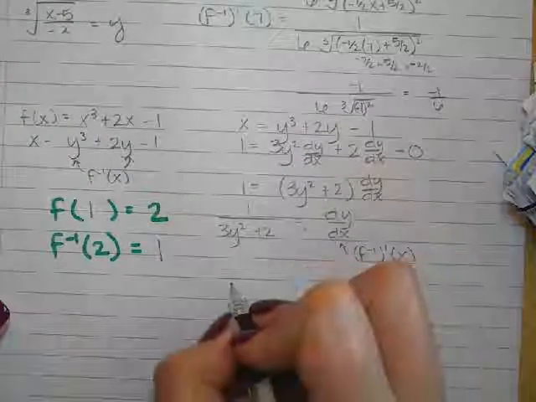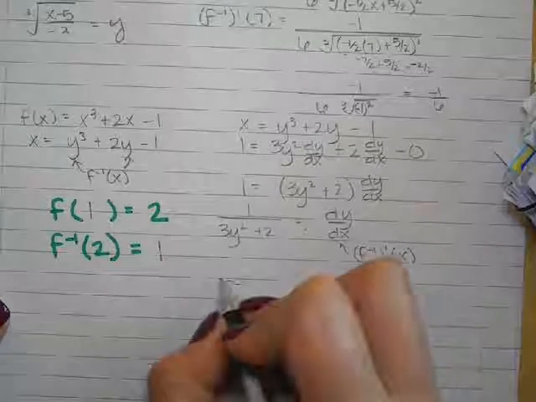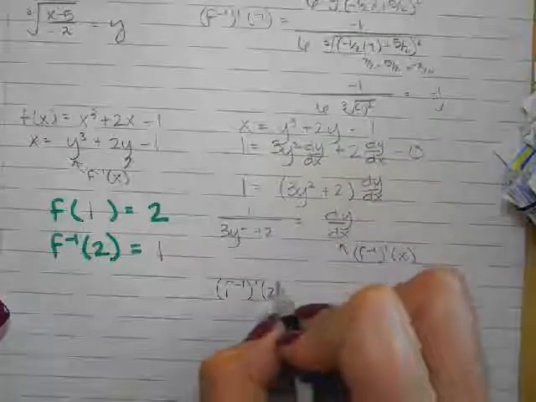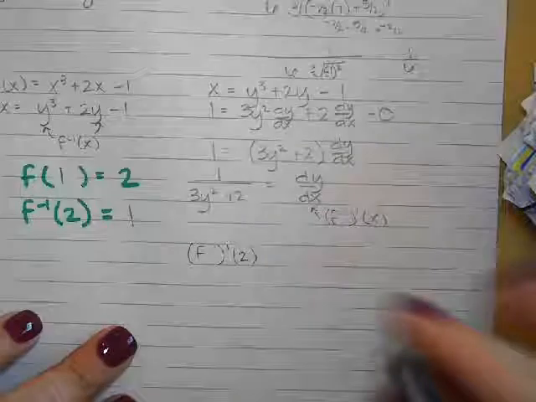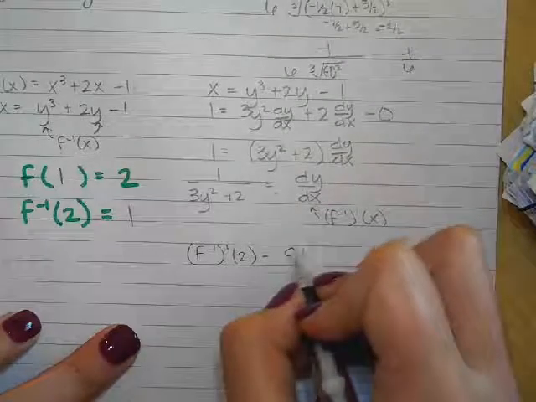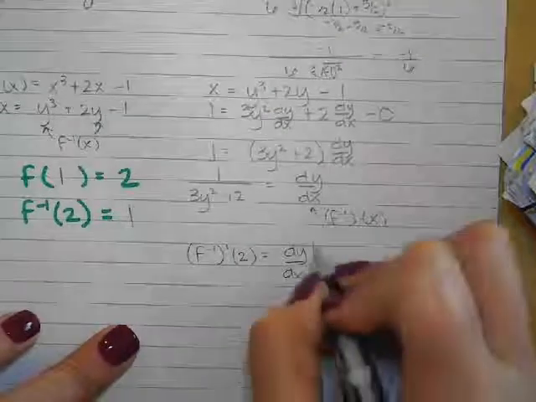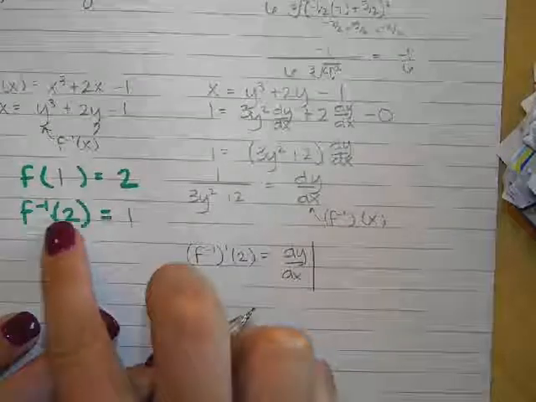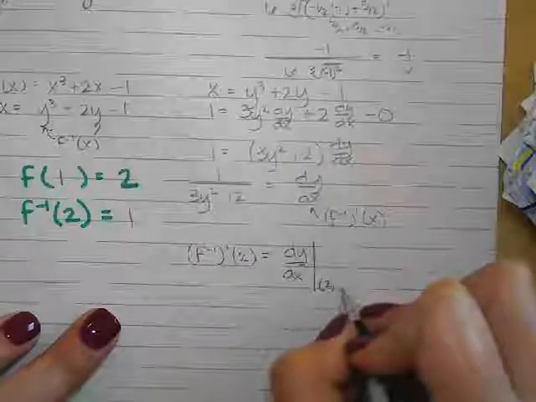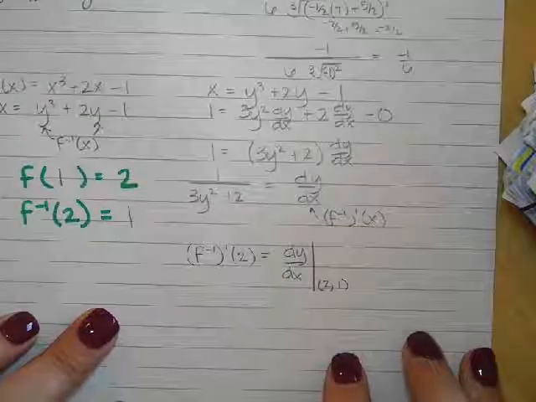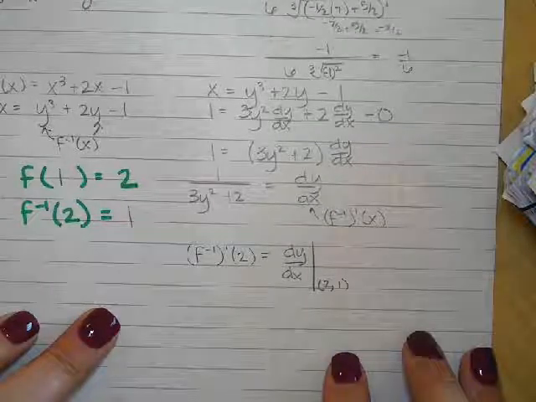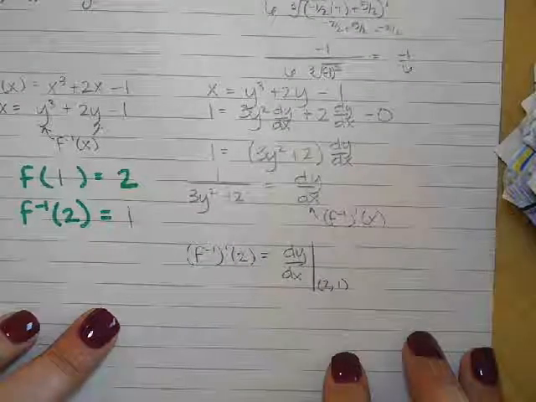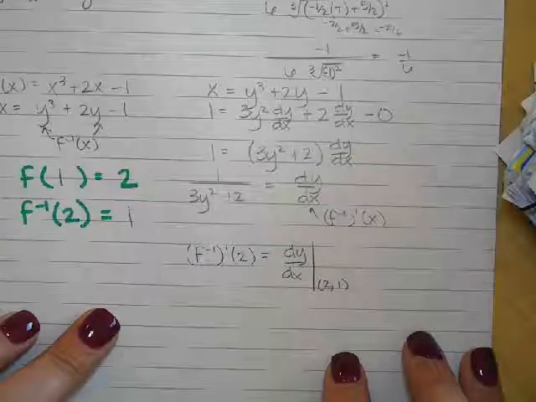And so for me to find f inverse prime of 2, that is exactly the same as taking dy dx and evaluating it at the point 2, 1. 2 for x, 1 for y. Does that make sense? That is the funkiest part about these problems.